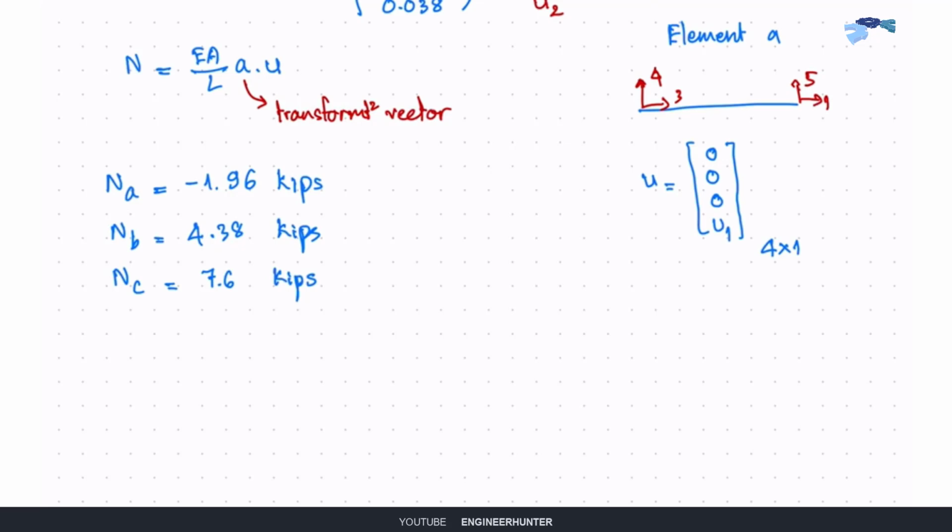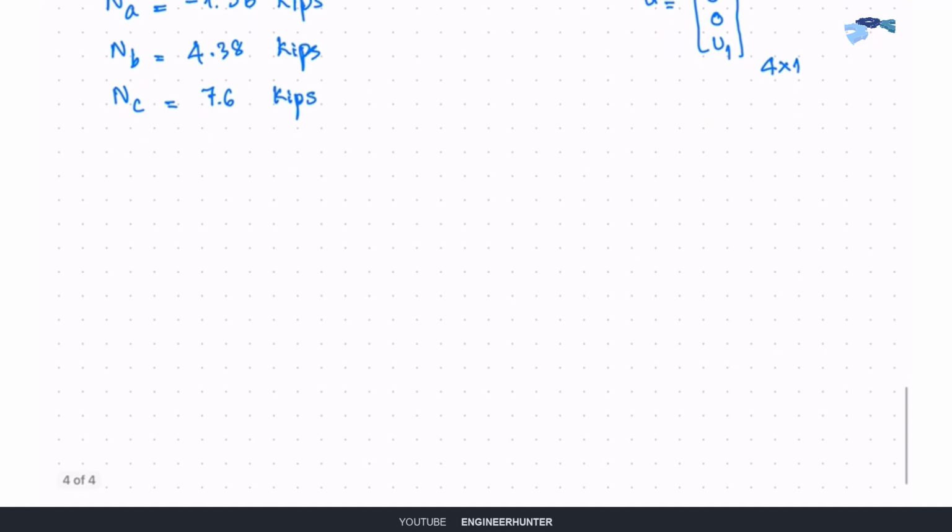And after you got this result, you can continue finding the reaction force.